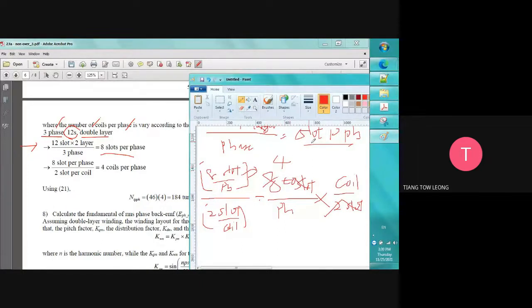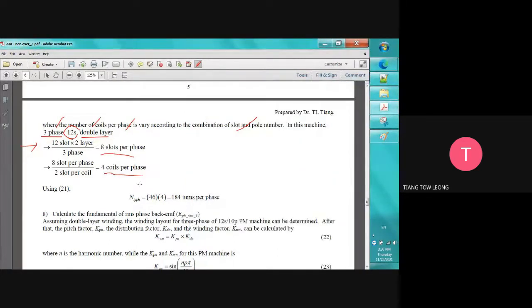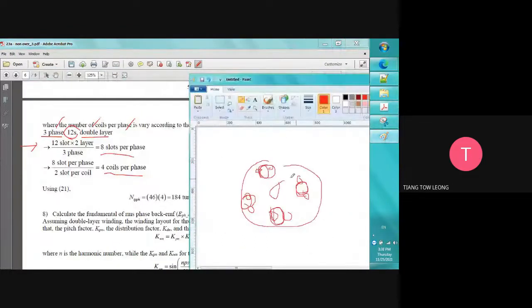So it becomes 4 coils per phase. This is the so-called 4 coils per phase.